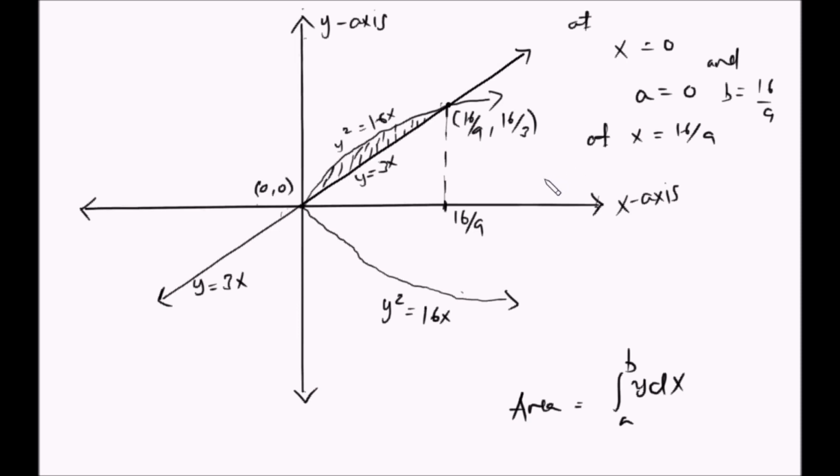Y sasa. So here now you have to be clever. Nikifanya hivi, nikichukua ile curve y squared is equal to 16x, nikapata y yangu hapa ambayo itakuwa ni 4 the square root of x.